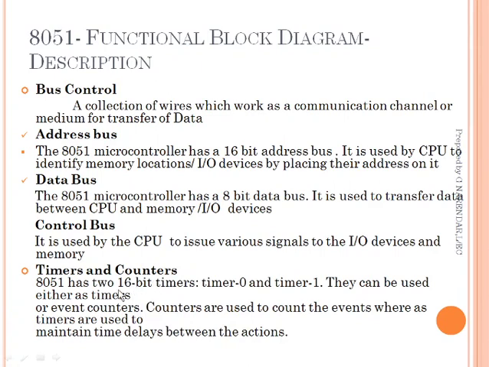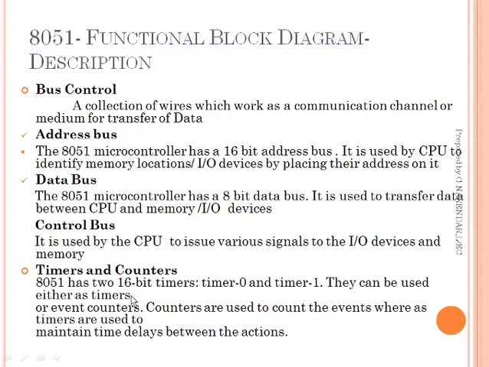So 8051 has two 16-bit timers and counters. They are named timer 0 and timer 1. These are actually registers. Okay, so these can be used as timers or event counters.